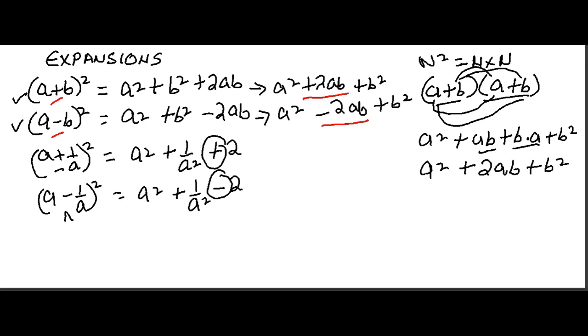The next one, which you also know, let's revise this, is (a plus b) whole cube. This can be written in two different ways. The first, you can write as a cube plus b cube plus 3ab into (a plus b).